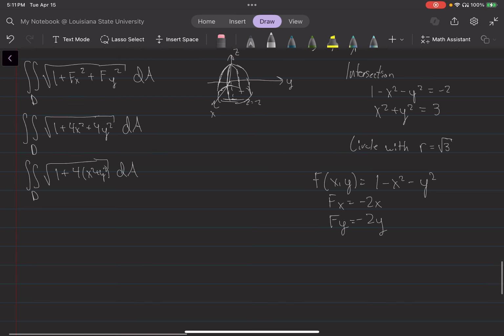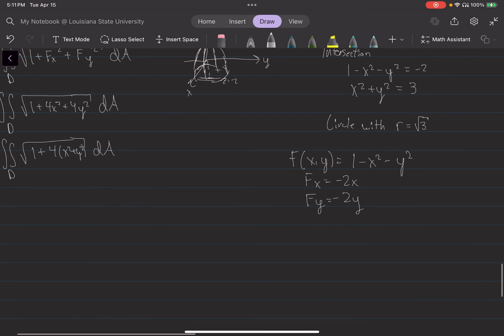Now, if we're in polar, our region D is the circle projected onto the xy plane. And what is that circle? That's the intersection, right?